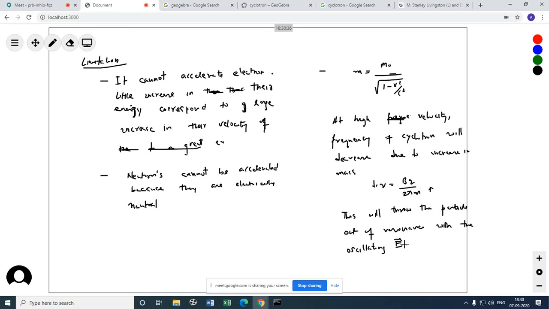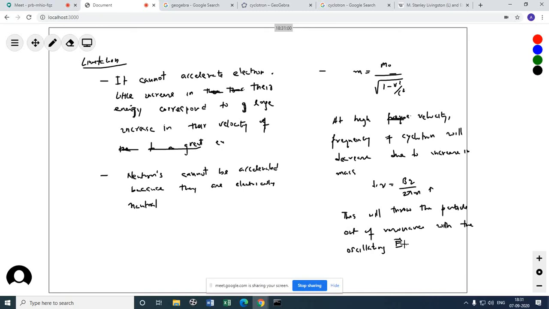Okay, these are the three limitations of the cyclotron. I have given you the first two which you can remember easily. First, it cannot accelerate electrons, because a little bit of increase in energy will give rise to a huge amount of velocity, and that becomes so unstable in the cyclotron.